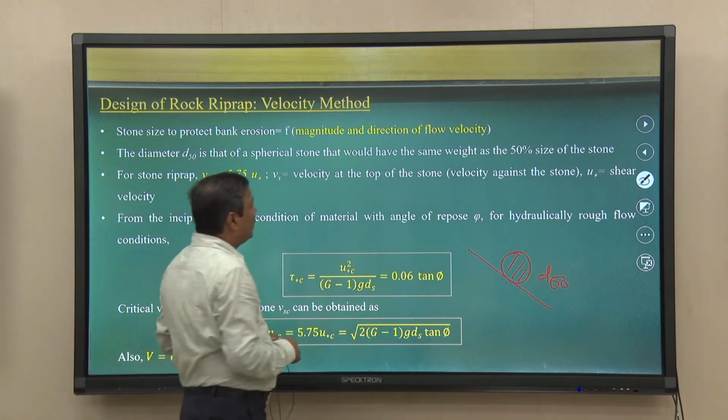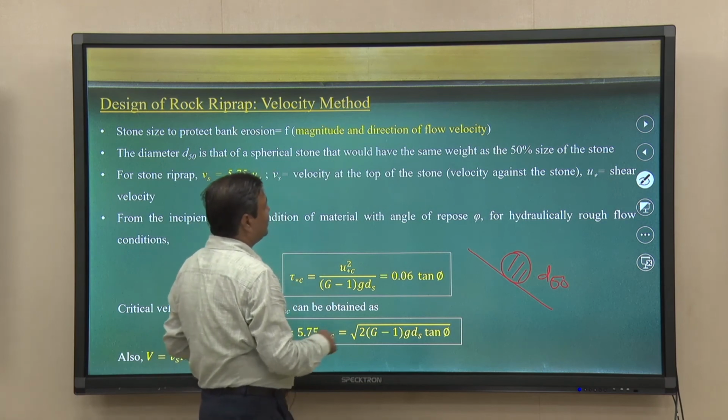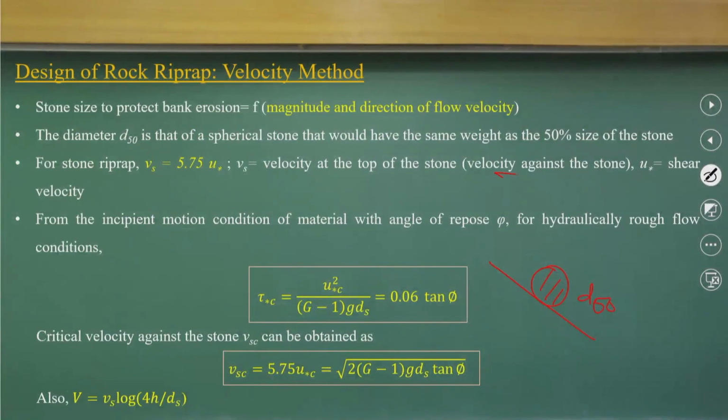And if you consider the velocity against the stone at the top, what should be the velocity Vs on the top, that can be written as a function of shear velocity. This was found empirically by conducting a series of experiments.